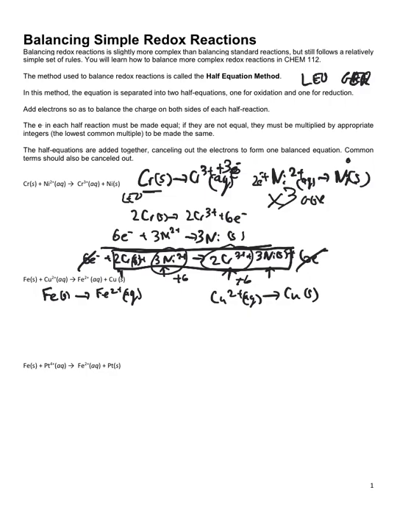I've got the same number of atoms of each type, so I don't have to do anything at this particular point, but I do need to balance the charges. For the iron half reaction, I've got 0 charge on the left because it's an atom by itself.